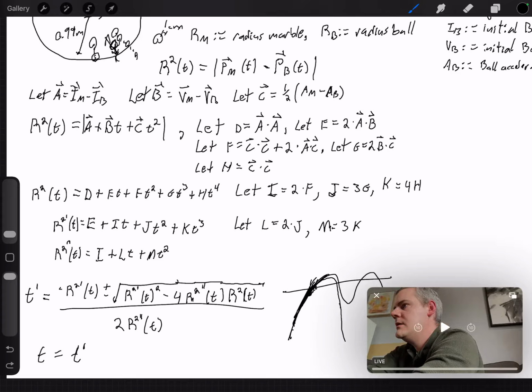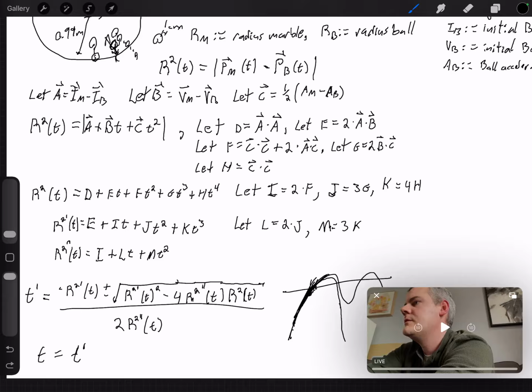Confirming the values, J, K. Okay, I is equal to 2 times F. J is equal to 3 times G. K is equal to 4 times H. L is equal to 2 times J. M is 3 times K. Okay.